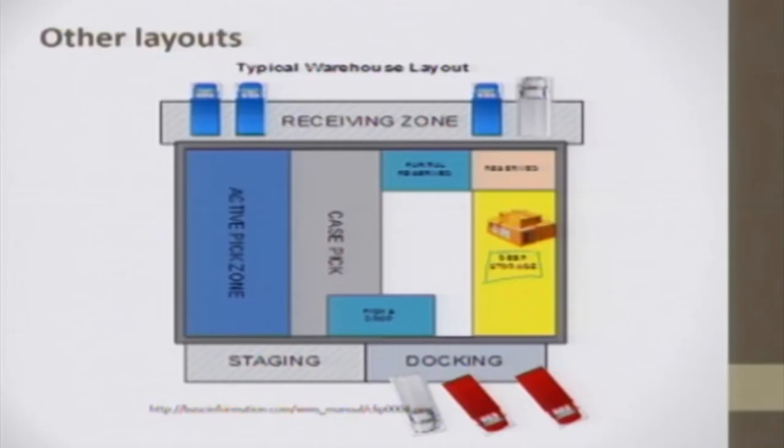There is a case pickup here, then the active pickup zone, and the receiving zone is here. The customers are lining up here. Then we have the partial reserved zone and the reserved zone. See, partial reserved, reserved, deep, they are going into depth in this way. Then staging and docking, all these things. So this is a typical warehouse layout.